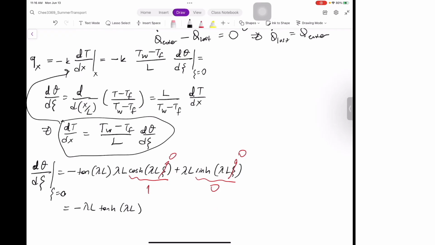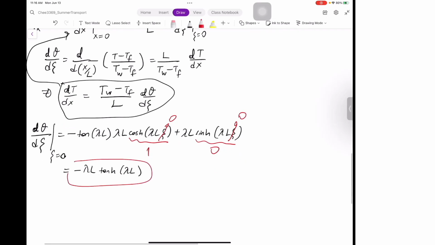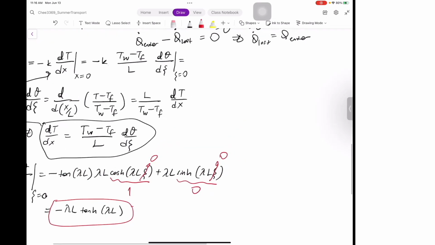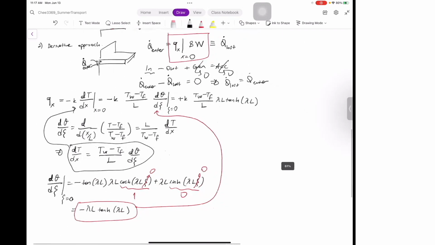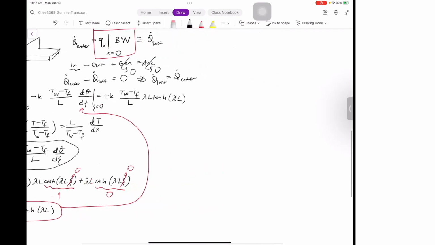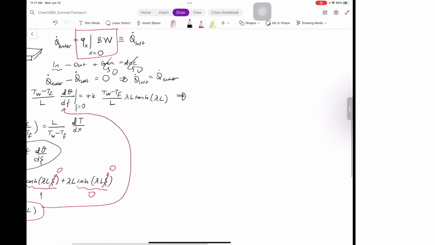Let's plug this in here, and then we get minus k, Tw minus Tf over L. I have two minuses, so let me call it plus lambda L tanh lambda L. There you go. Thus, that's the Qx.